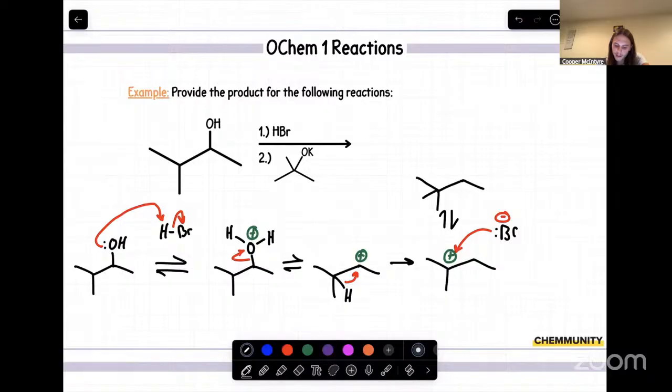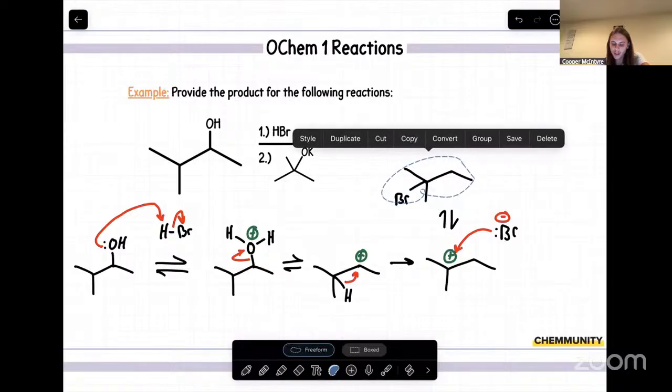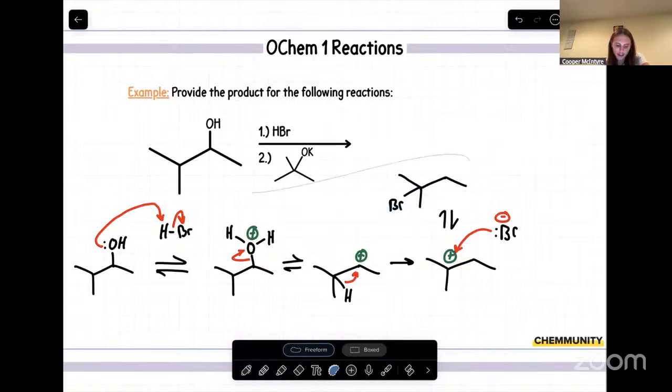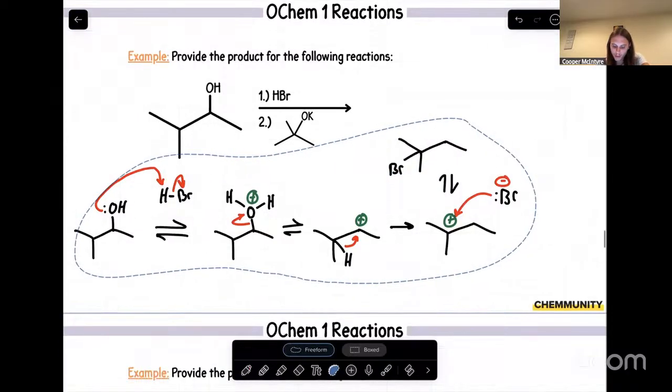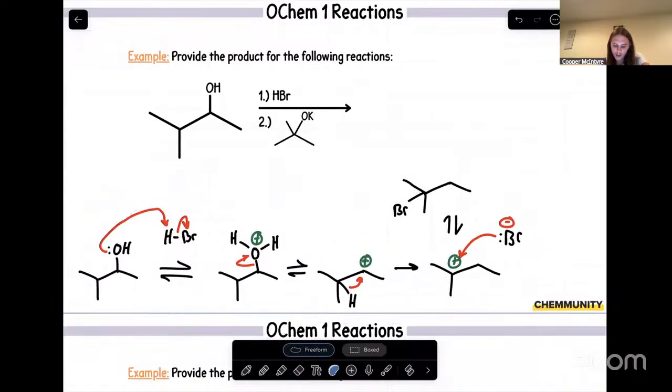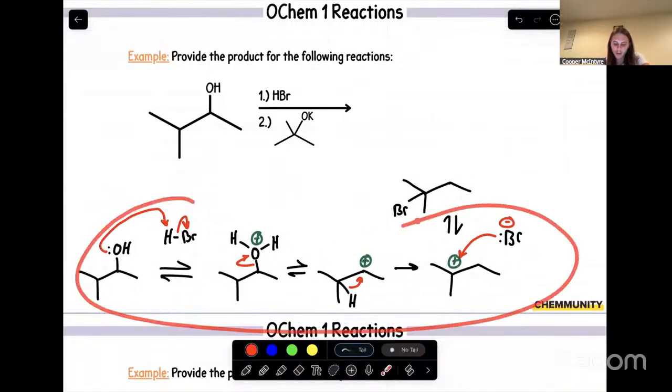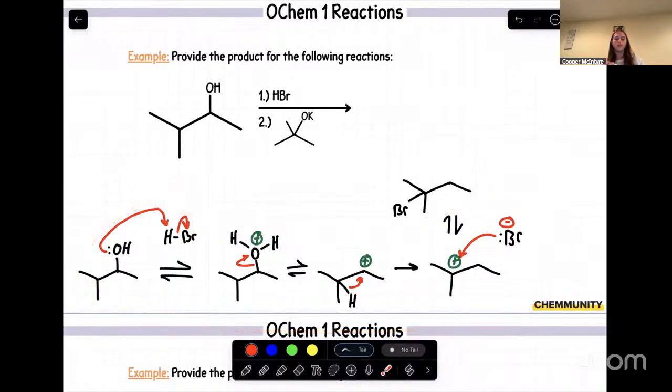Perfect. Sweet. So what we just formed is an alkyl bromide. And let's give ourselves a little more room for the next step. So keep in mind, this was all step one. And the reason I showcased the mechanism is just because it'll be very important in terms of forming carbocations, kind of doing those carbocation rearrangements.